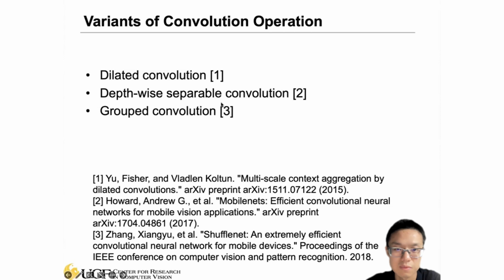Depthwise separable convolution, proposed in MobileNets, is designed for computation efficiency. For mobile applications or edge computing, we need a small network that has fewer parameters and less compute. These designs have been proposed to specifically address these challenges. And group convolution also aims for fewer parameters and fast computation.